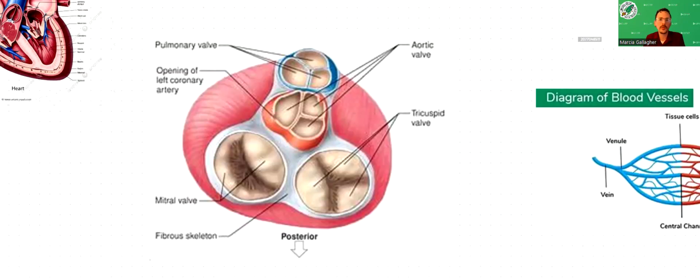And then your semilunar valves, which are the same thing but for your aorta and your pulmonary artery. So your pulmonary artery is here, and it's also called the pulmonary valve, and your aorta is right here. And that, like we said, is to prevent backflow. Once your blood gets somewhere, you don't want it to come back the wrong way, because that puts unnecessary pressure on the heart muscle.